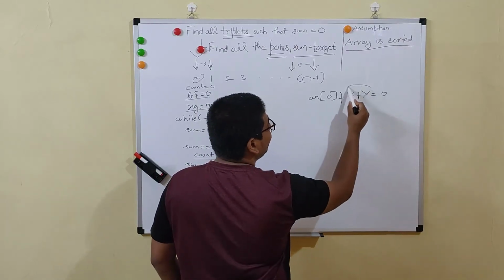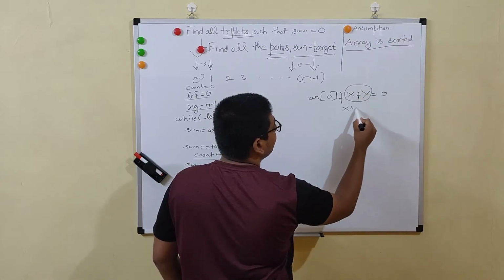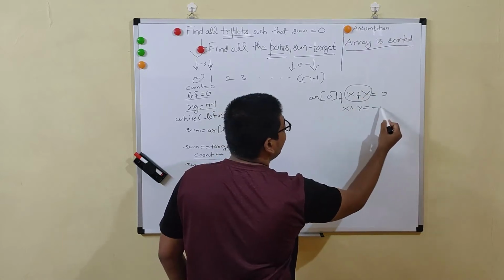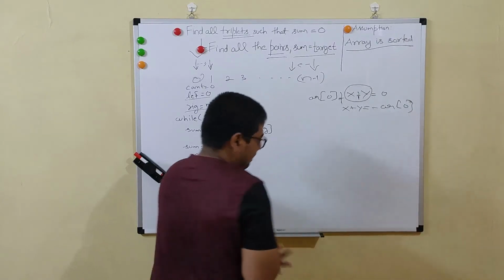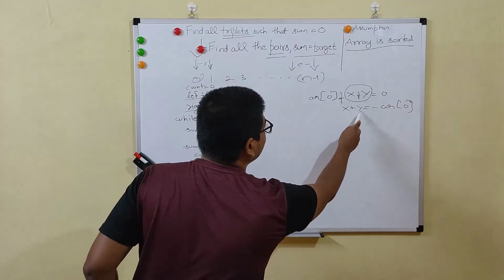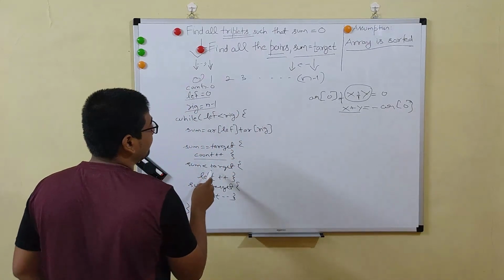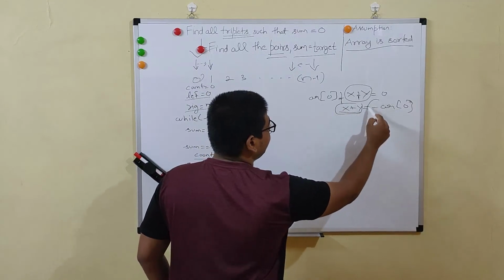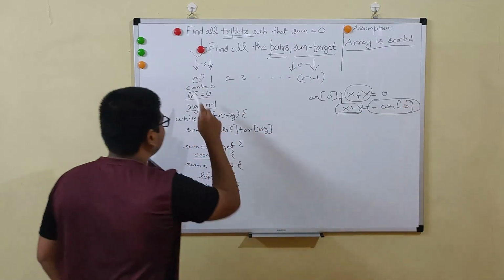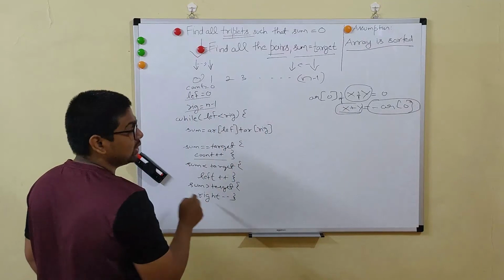That means we have to find a pair whose value is equal to minus of array of 0. And we already saw how to calculate that pair here. So we simply have to take this as our target, which is equal to minus array of 0, and follow this step and get the value of count.